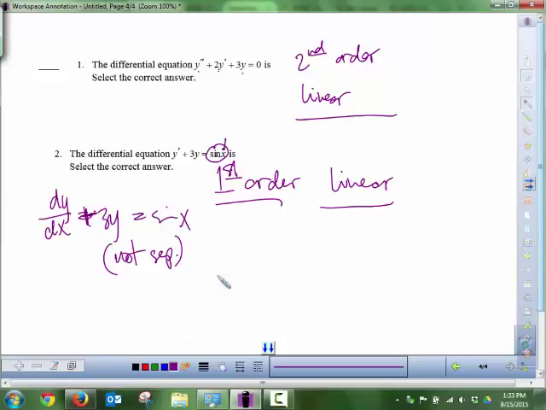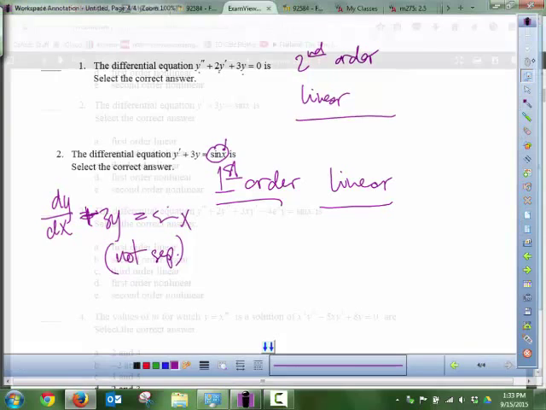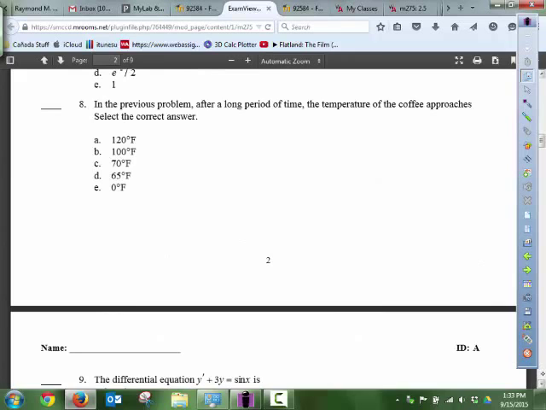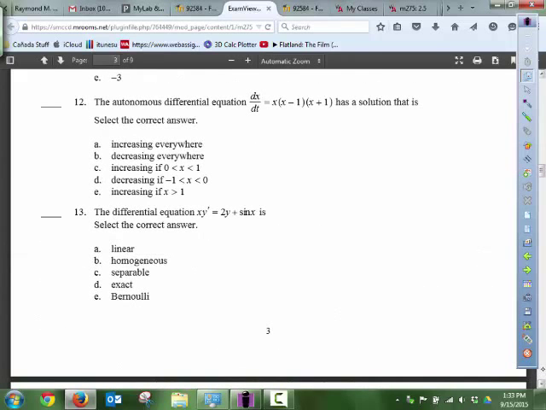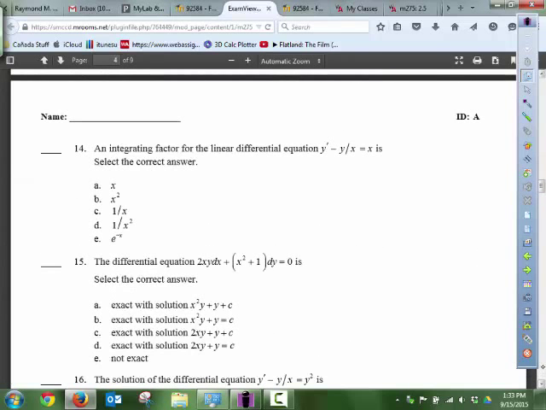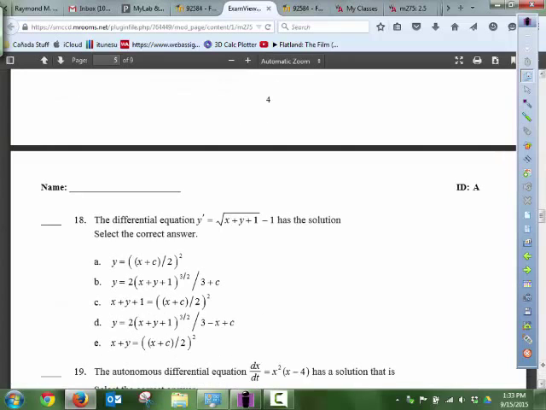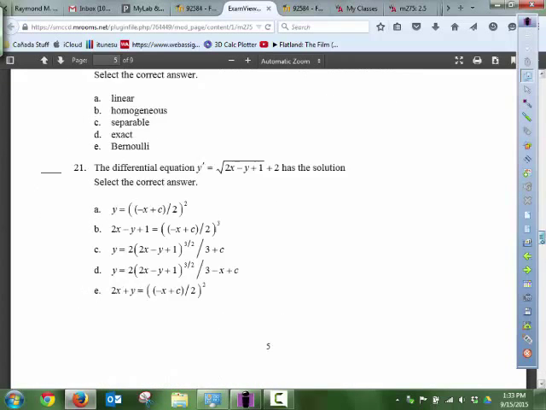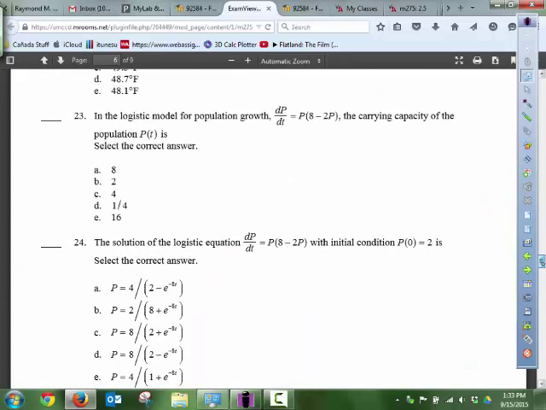All right. Modeling. Somebody want to do a modeling problem? Are there any modeling problems here in the sheet? You guys should know exact equations too, right? Logistic problem.